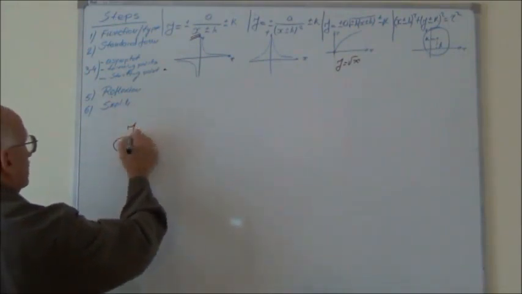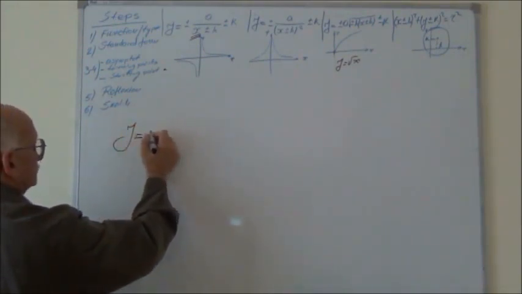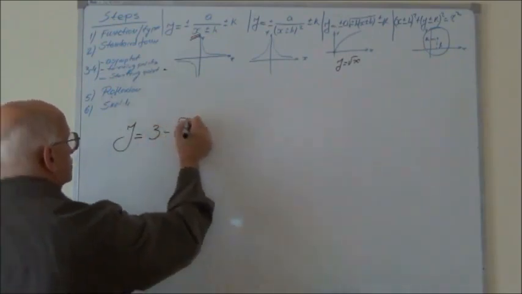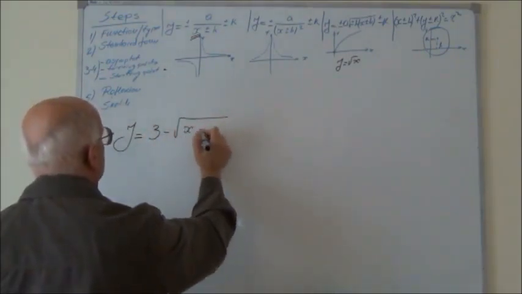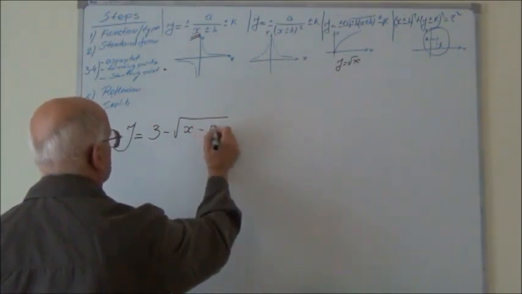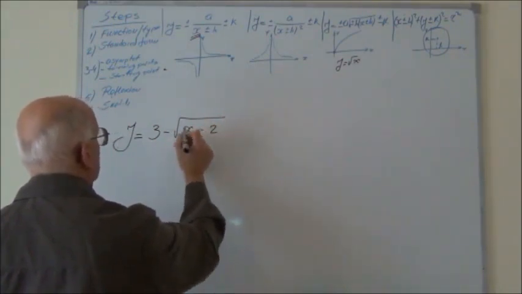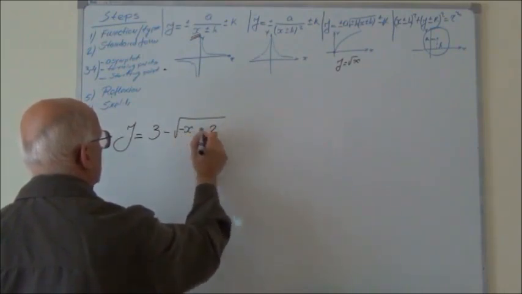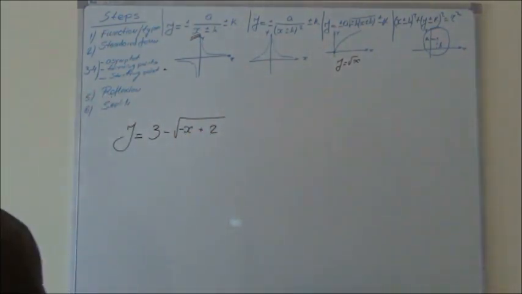Let's say we have y equal 3 minus square root of minus x plus 2. Sorry, I will make a minus here also, and here I will make a plus.